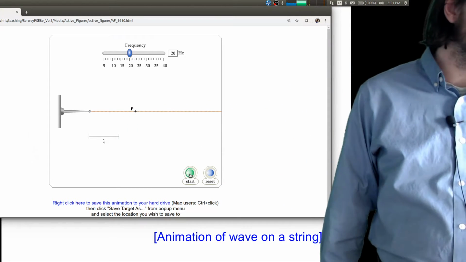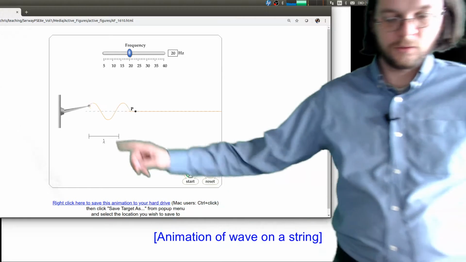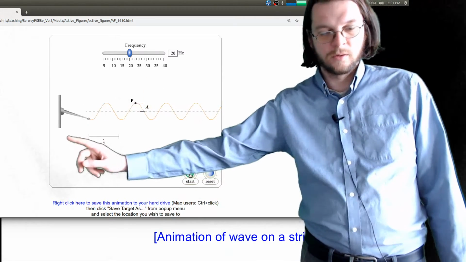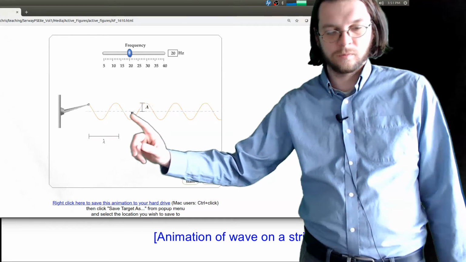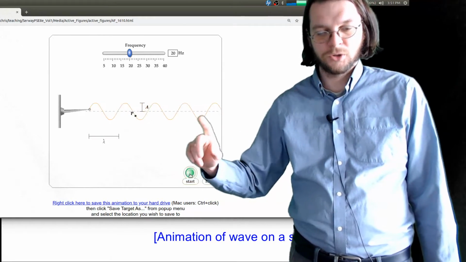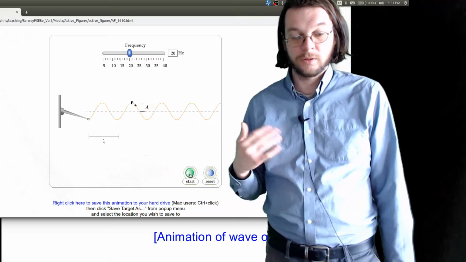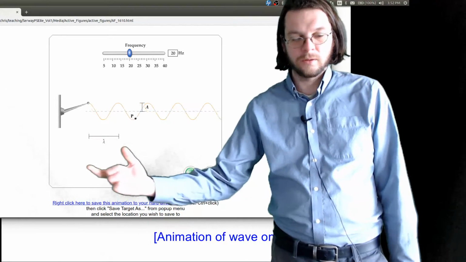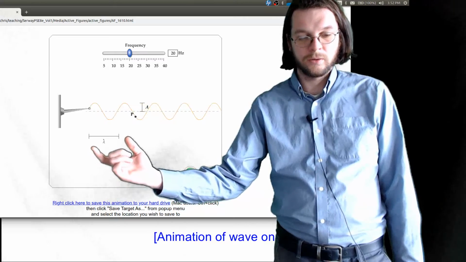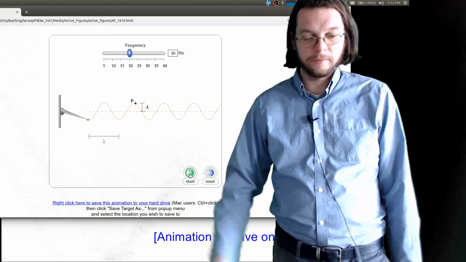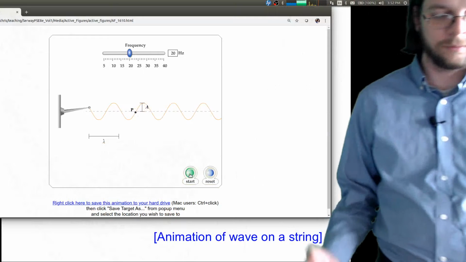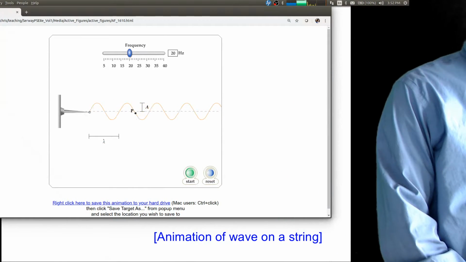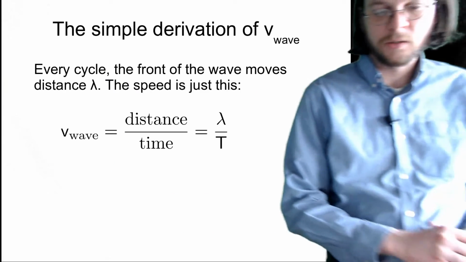The speed of the wave is the speed that this crest moves steadily this way. I like this visualization because it shows very clearly the wave starting and moving. The wavelength of the wave is something like this, again, peak to peak. But this is the speed that we're really talking about when we say the speed of a wave.